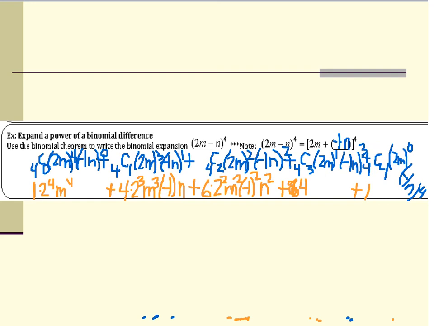So I've got times 2 times m times negative 1 to the third times n to the third. And then my last one here, 2m to the 0th, well, that's just 1, so I don't need it. Negative 1 to the 4th and n to the 4th. So I've got negative 1 to the 4th, n to the 4th.